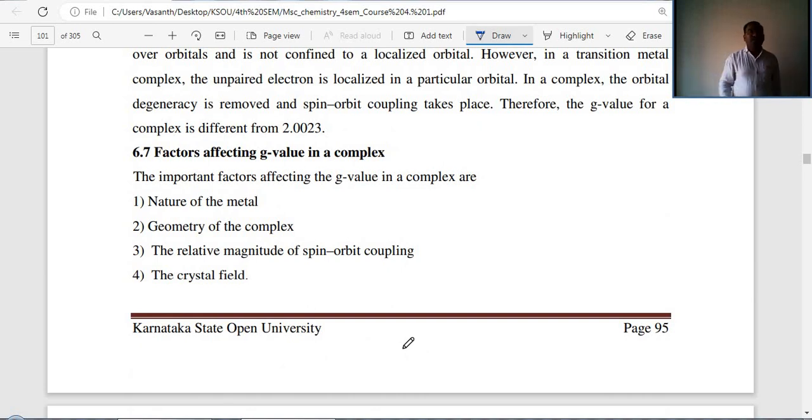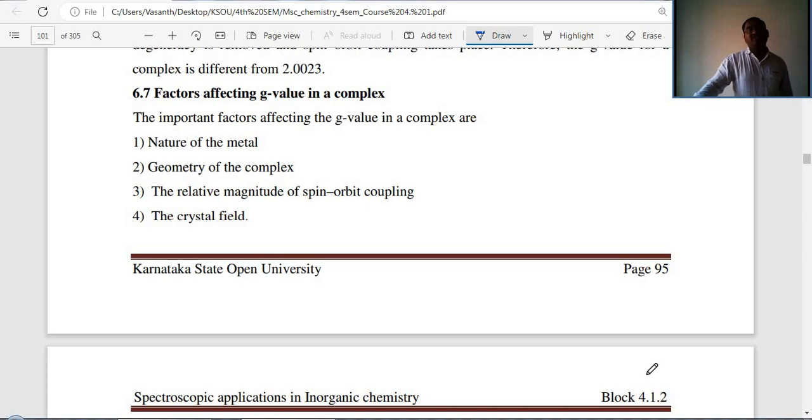The factors affecting the g value in a complex: the nature of the metal, geometry of the complex, relative magnitude of spin-orbit coupling, and the crystal field. These are the factors affecting the g value.